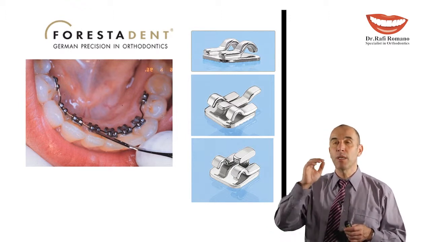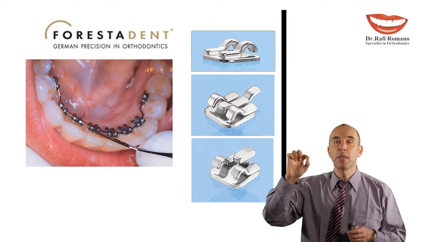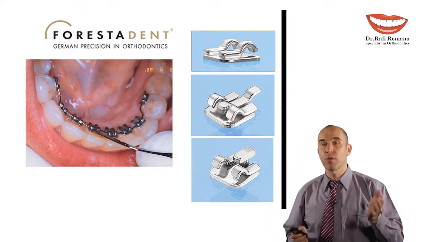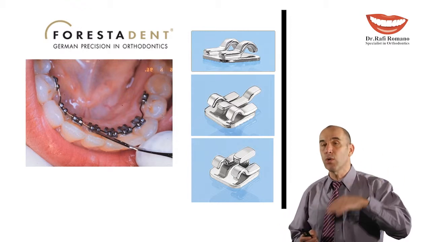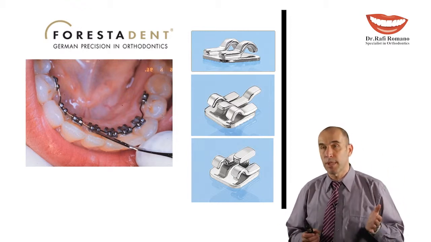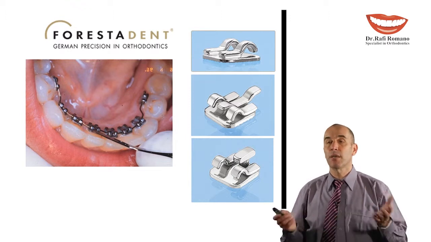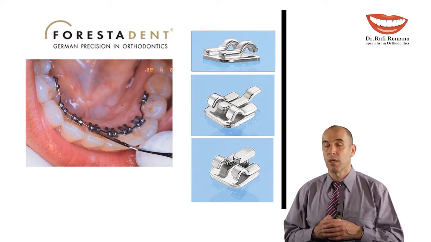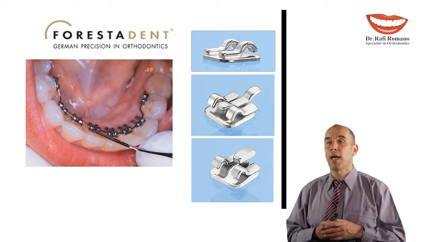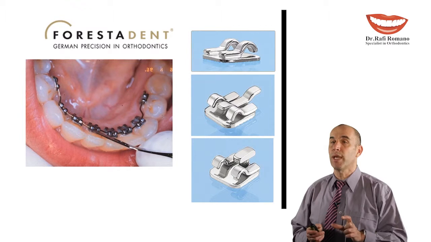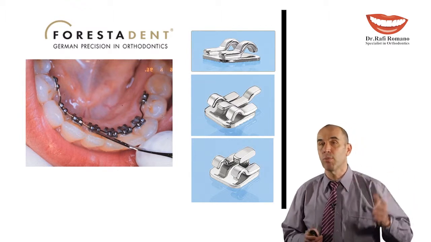This bracket holds the wire, doesn't give it a lot of properties, no values of torque, inclination, angulation, only alignment. And this is used today for 6 teeth alignment, very small minor tooth movement, what is called today MTM.